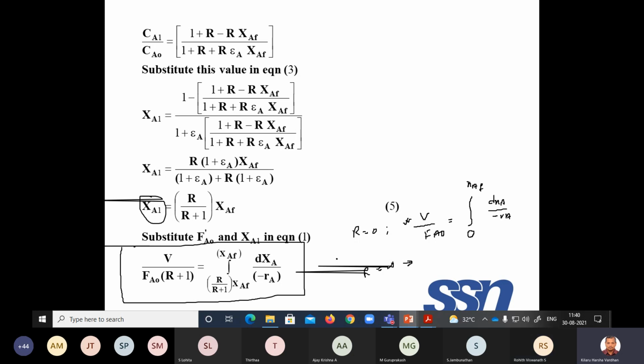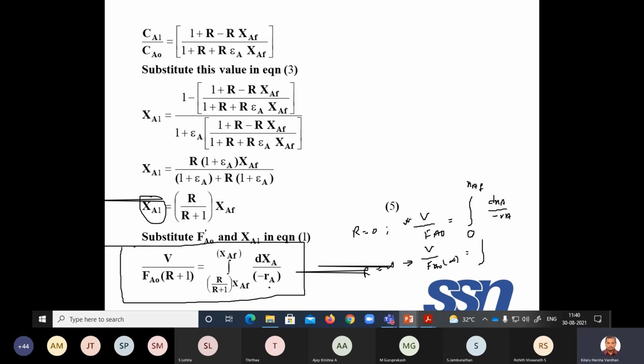So V by infinite, R FA naught into infinite. What are the limits now? R is infinite. XAF to XAF. Infinite by infinite, how much is it? Okay, you take it out as 0. XAF to XAF, dXA by minus RA.